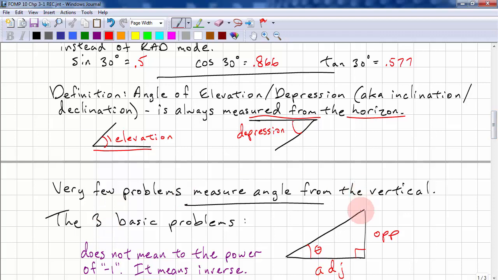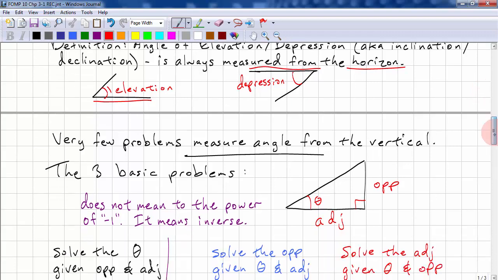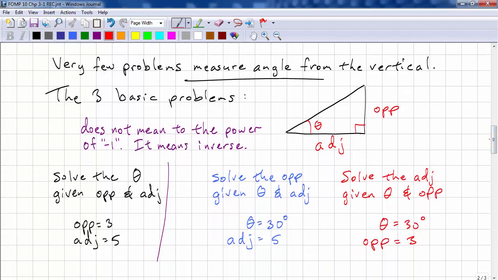And very few problems have the angle measured from the vertical. So with tangent, we have three basic problems to solve. We're either solving for the angle, or the opposite, or the adjacent. We're always given 2 out of the 3, which means we can solve the third one.